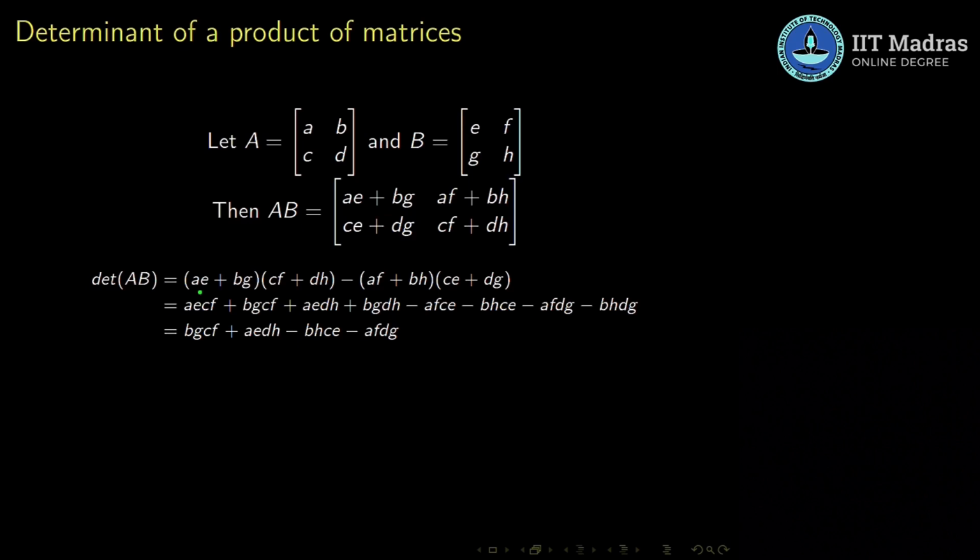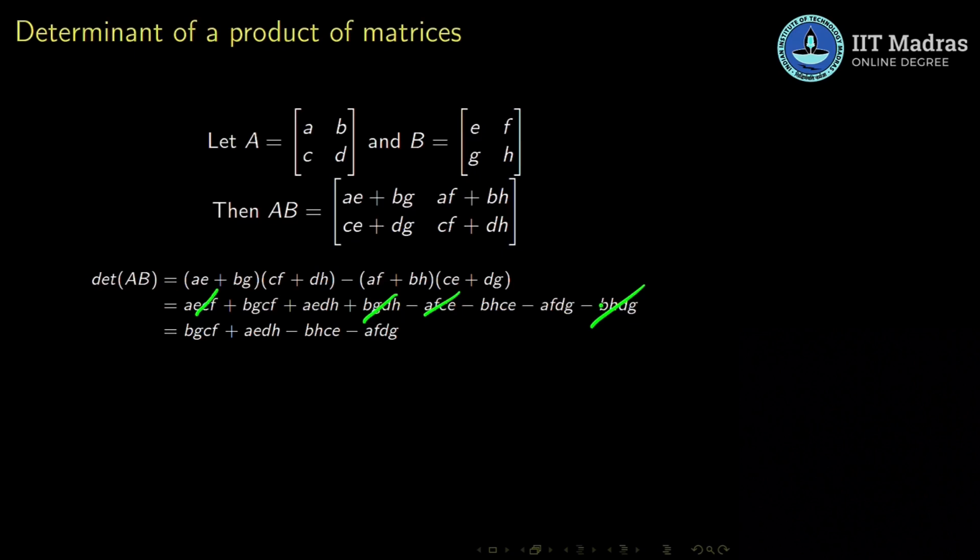The ae cf got cancelled with the af ce, and the bg dh got cancelled with the bh dg. So, we have 4 terms remaining in this expression. We get bg times cf plus ae times dh minus bh times ce minus af times dg.